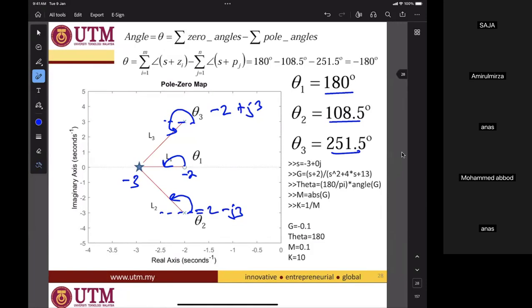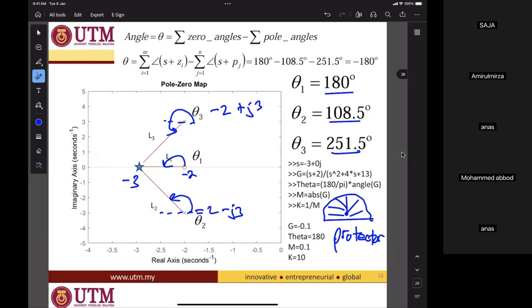Besides the trigonometry that I discussed previously, what is another simple method to measure theta 1, theta 2, and theta 3? I don't quite remember. Have you seen this ruler? Yes, doctor. What is the name of this ruler? I remember it from high school. You always forget. Protector. Am I right? Yes, doctor.